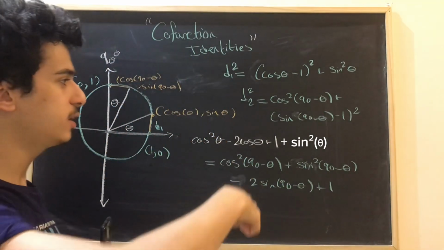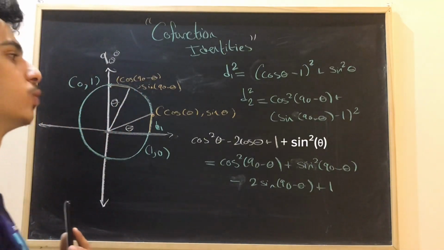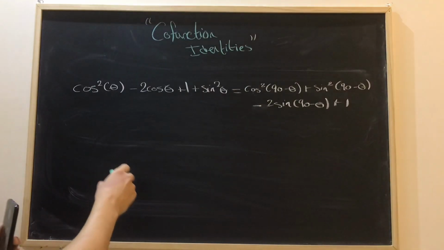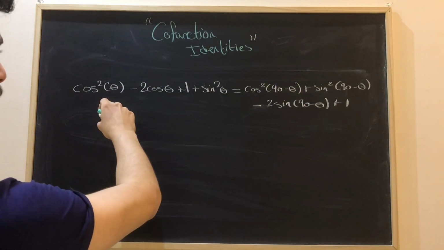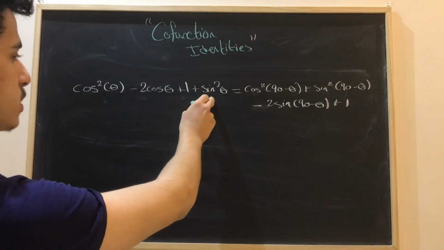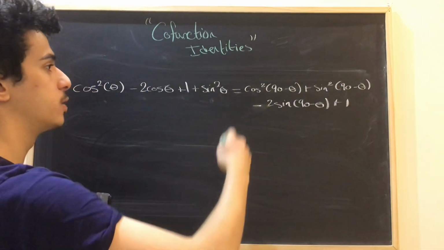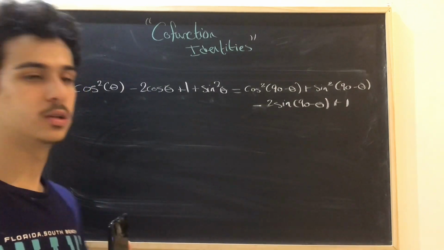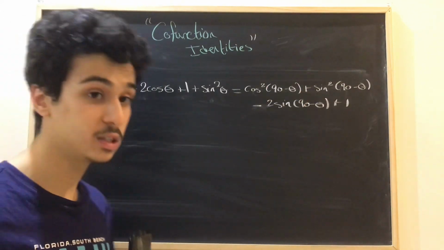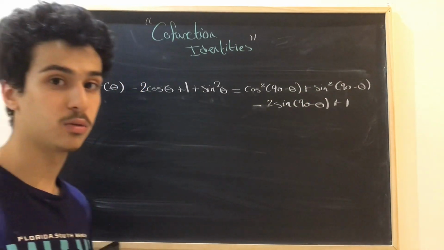So I'll rewrite and we'll see what cancels out and what we get. Okay, so previously we got cosine squared minus 2 cosine plus 1 plus sine squared is equal to cosine squared 90 minus theta plus sine squared 90 minus theta minus 2 sine 90 minus theta plus 1, a mouthful.